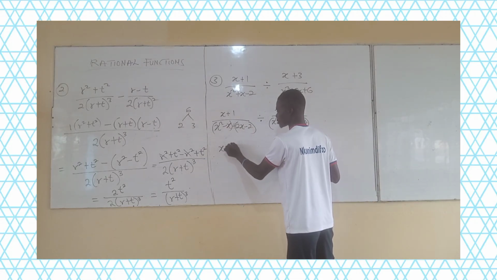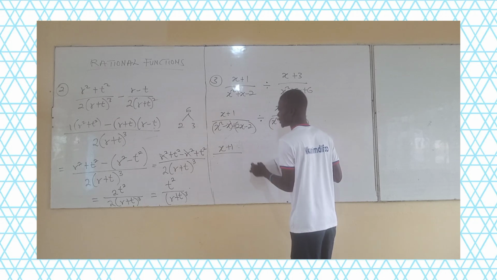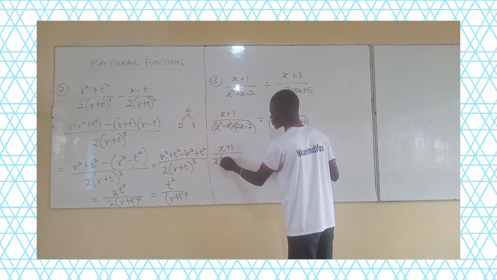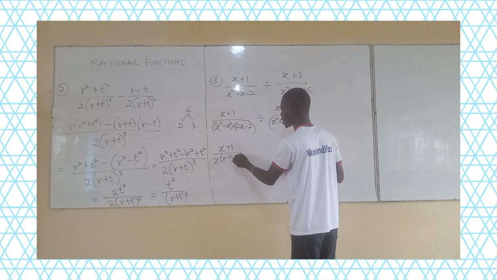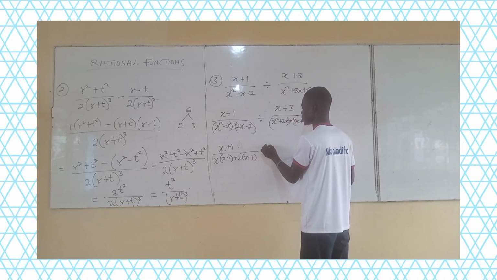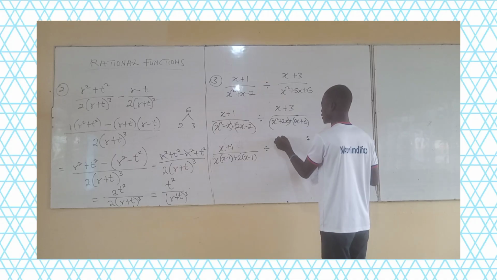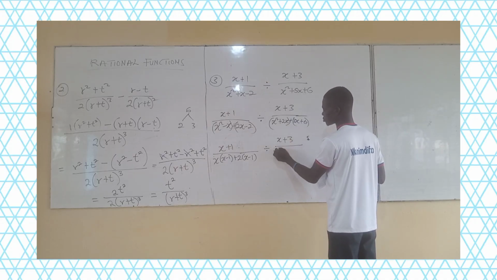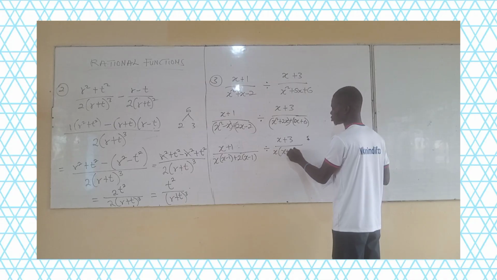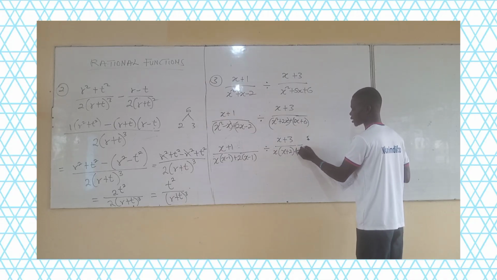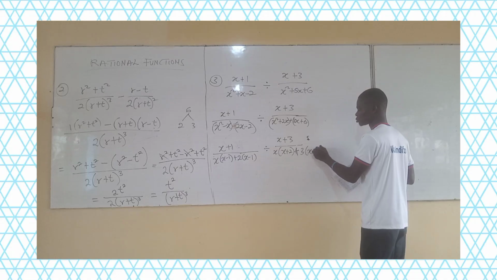So we get x plus 1 all over, x out, we get x minus 1, 2 out, x minus 1, divided by x plus 3 over x out, x plus 2, plus 3 out, x plus 2.